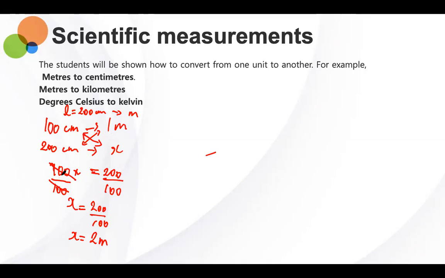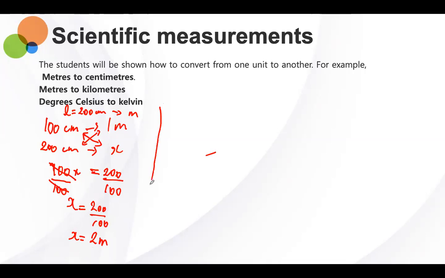If we divide both sides by 100, we end up with just x on this side, and 200 over 100 on the other side. Then the final step is to divide 200 by 100, and we get 2 meters. All right.